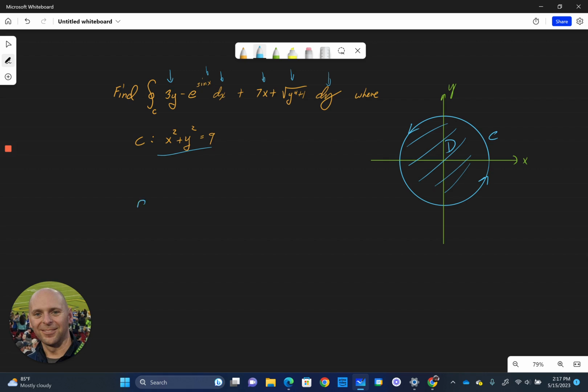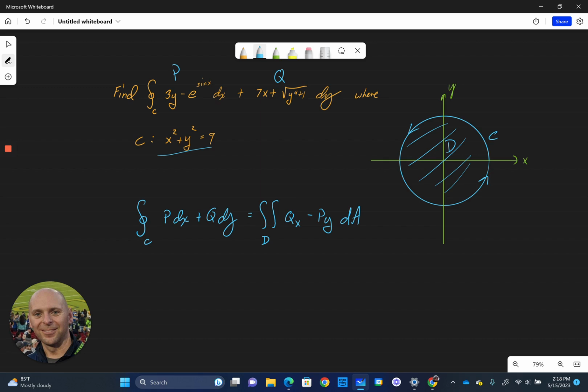So we'll remember that Green's theorem is the integral over the curve C, positively oriented and closed, of p dx plus q dy, and that is equal to the double integral over the region D of q sub x minus p sub y dA, where p and q here are these functions represented in our integrand.